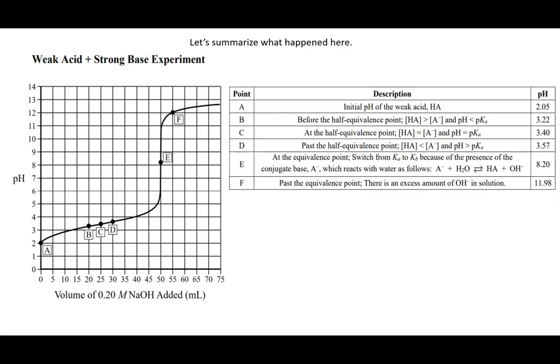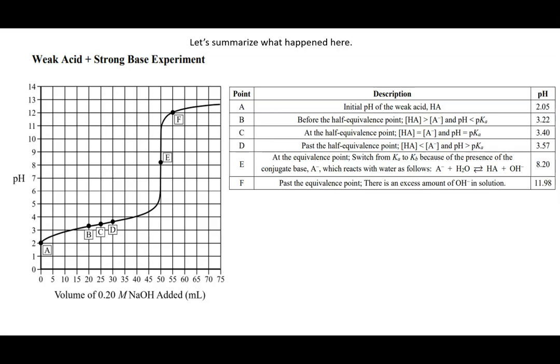But if we look at those first 4, A, B, C, and D, they are almost in a straight line. Not quite, but pretty close. But it's not till right before the equivalence point. Remember, the equivalence point was 50 milliliters. And you can see at 50 milliliters, the pH just goes up extremely quickly.